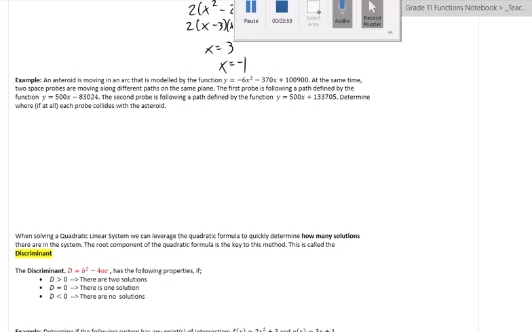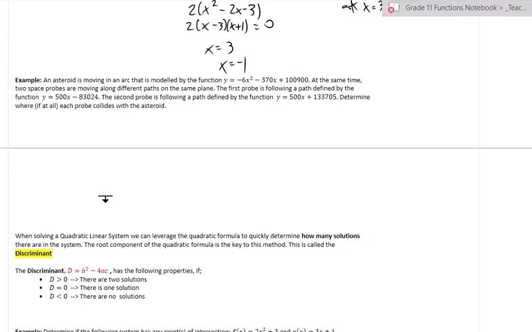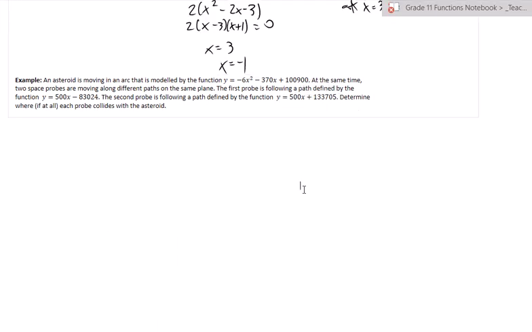Let's actually get a little bit more space in here. So we have one quadratic function and two linear functions. We have to do each one separately, at different times or in different instances. So let's do the first probe first.